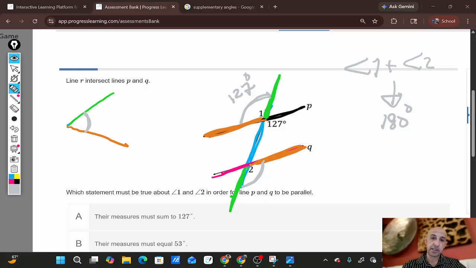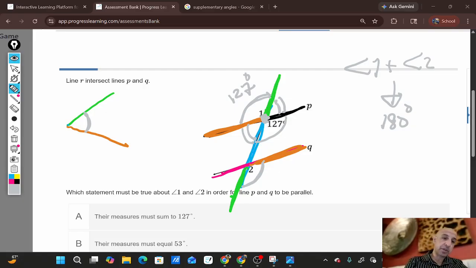This angle here is equal to this angle here because they are meeting at the same point. Both angle 1 and 127 meet at the same point, so this is 127.